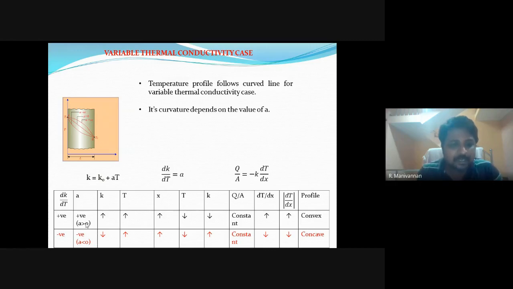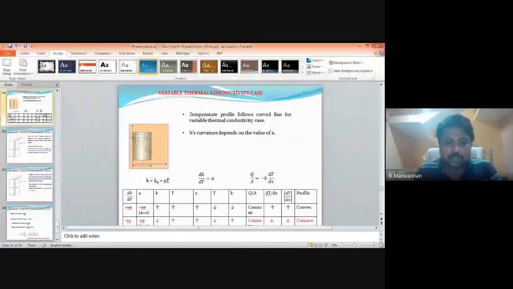So you can see that the curve is this upward curve. Suppose this A value is negative, then the profile will be concave, that means it will be downwards. So the curvature of the temperature profile depends on the value of A. So this is a special case. Up to this, any doubt? Okay, thank you.